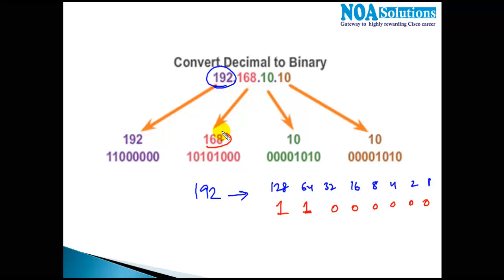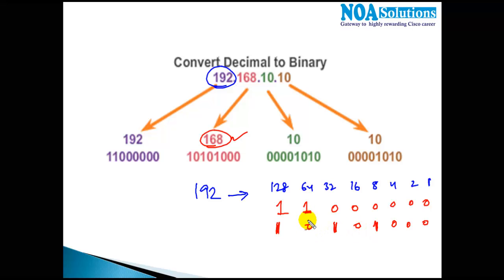In the same way, if you want to write 168, it will be 128 plus 32, because 128 plus 64 will be 192, which is more than what I require. 128 plus 32 is 160, and 160 plus 8 is 168. The remaining positions we simply write as zeros.